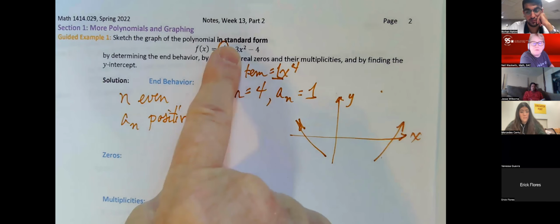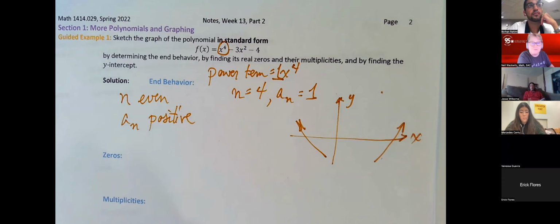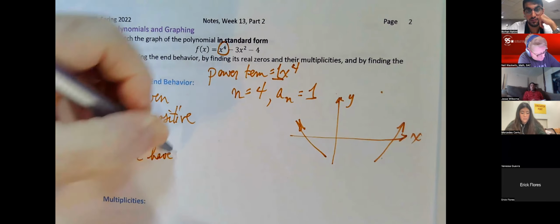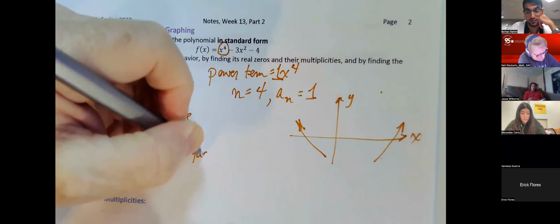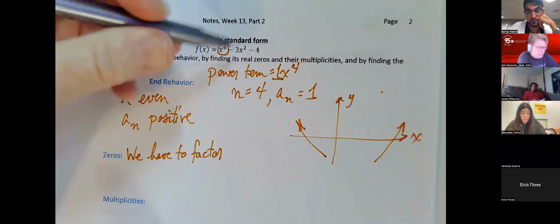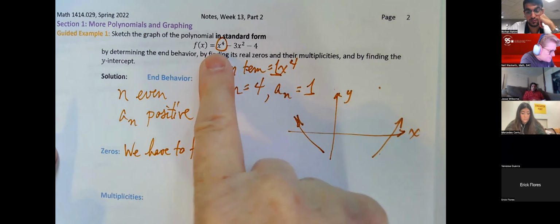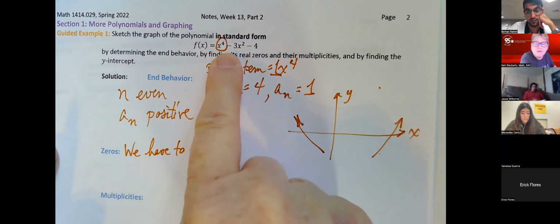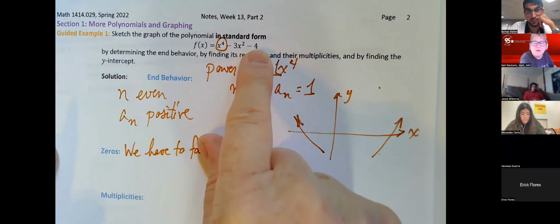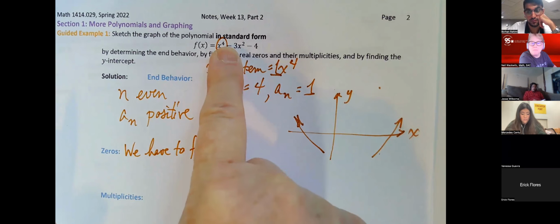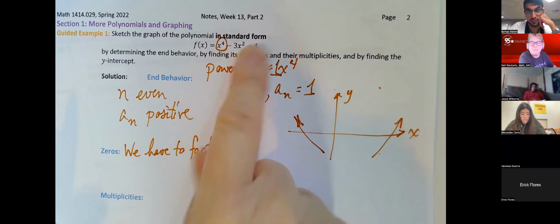In standard form, in order to find the zeros, we have to factor. Well, this is a factoring pattern we haven't quite seen before. We've got x to the fourth, nothing, x squared, nothing, and x to the 0. We don't have an x cubed term or an x term.